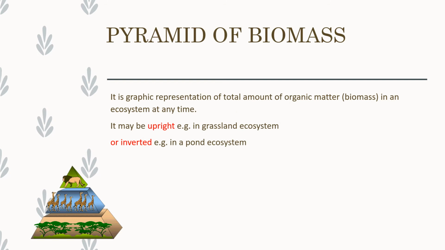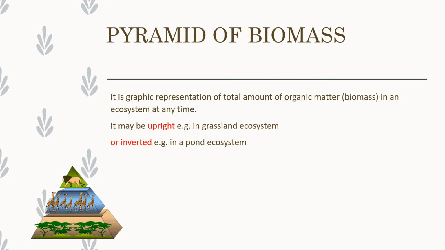Now the pyramid of biomass. Biomass means organic matter. It is a representation of the total amount of organic matter in an ecosystem at any time in a particular area. It also may be upright or inverted.